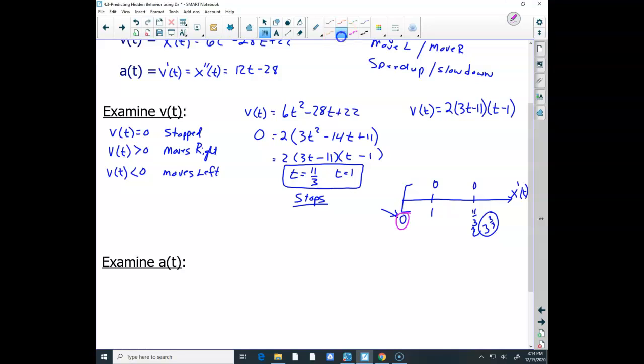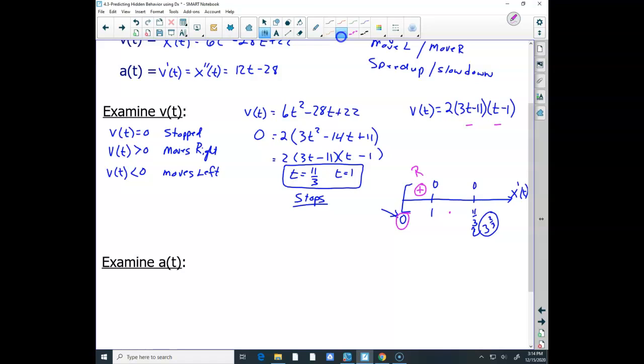So I'm going to use that 0 to find out what my particle is doing between 0 and 1. If I put a 0 in there, I'm going to have what? A negative times a negative, meaning it's a positive, okay? Which means it's moving right here because velocity is positive.